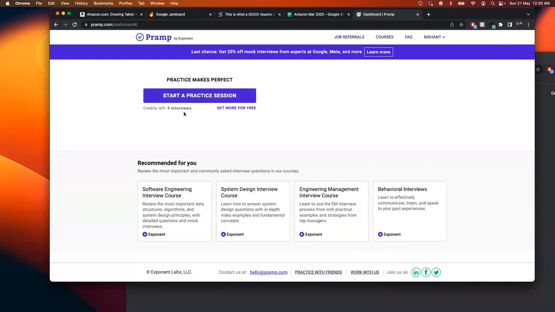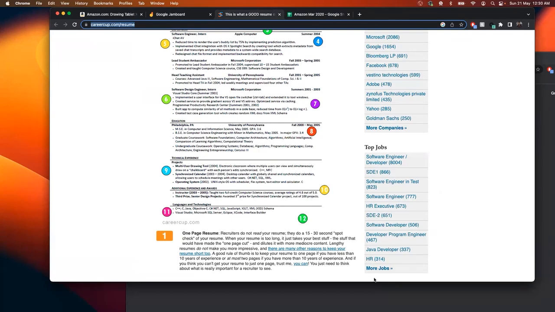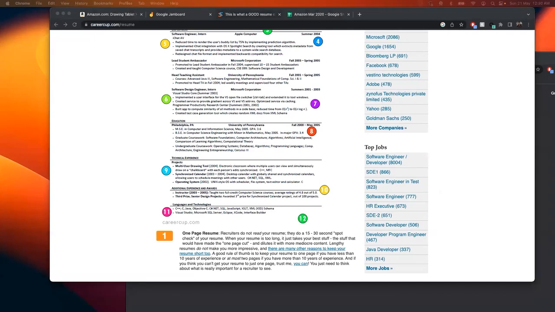You can see that there are a lot of interviews there, like system design or DSA. So Pramp is really good to practice system design concepts.